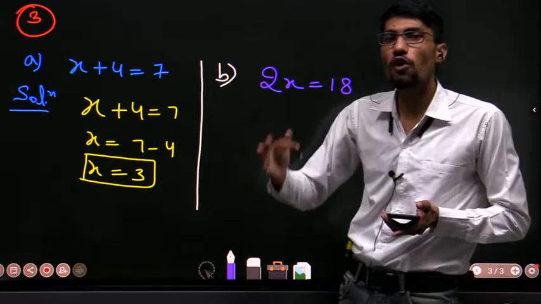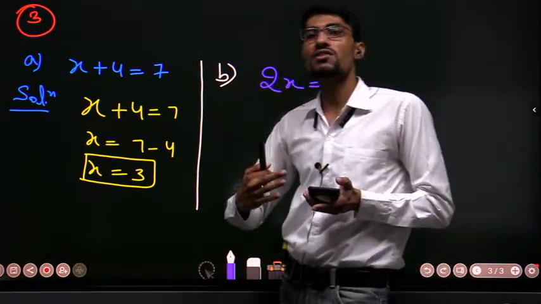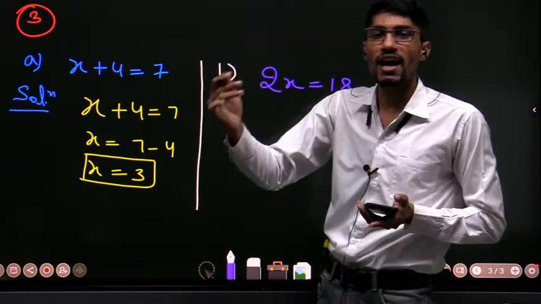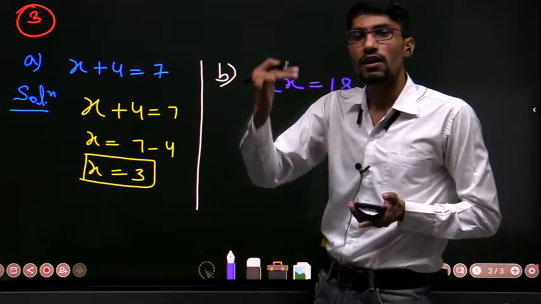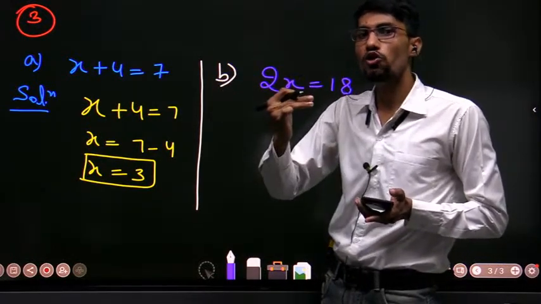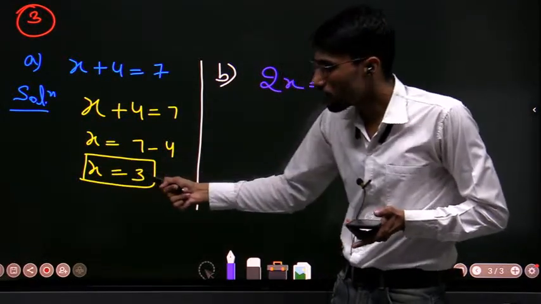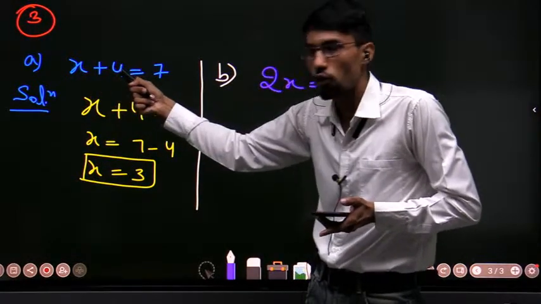So the value of x is 3. Now you have to cross verify your answer to check whether it is correct or not. How do you check? At the place of x you place the value you got, x is 3. So at the place of x you write 3. So 3 plus 4 is 7.